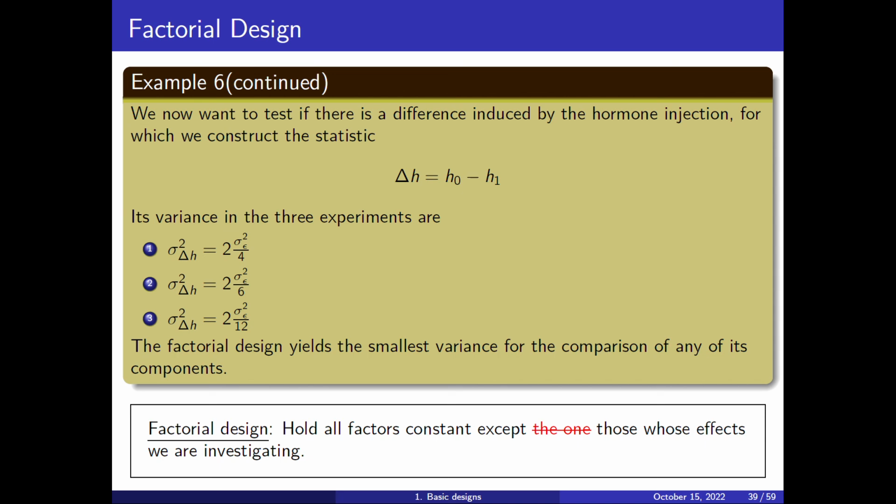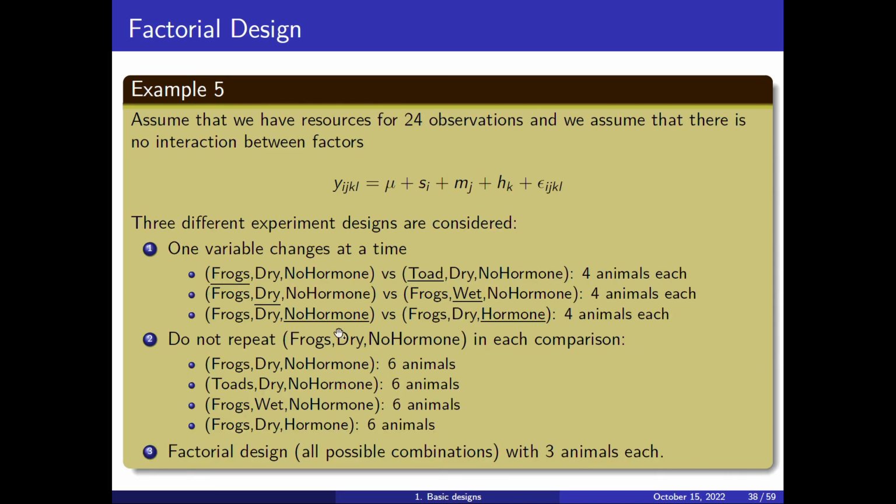And not only that, but in these 2 designs, you know that there is a difference in the hormone or no hormone, but only for dry frogs. What happens with other kinds of animals and other experimental conditions, you don't know, you have not tested. But in the factorial design, you have tested.